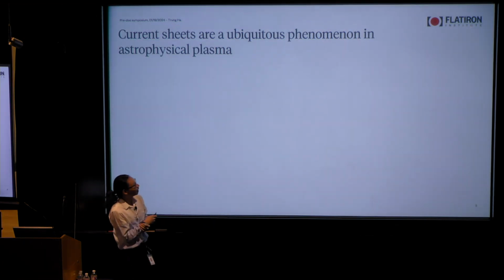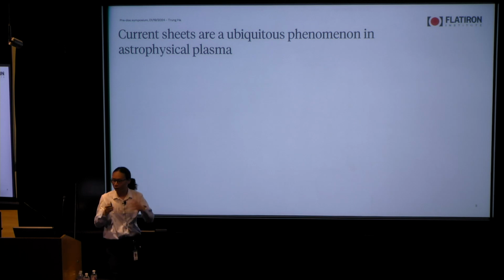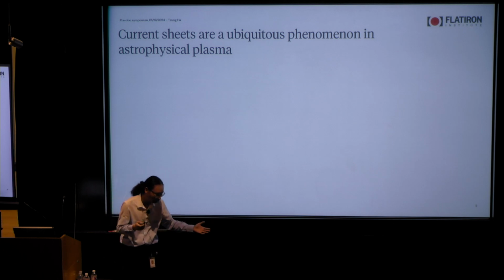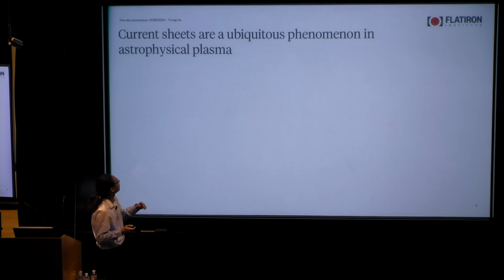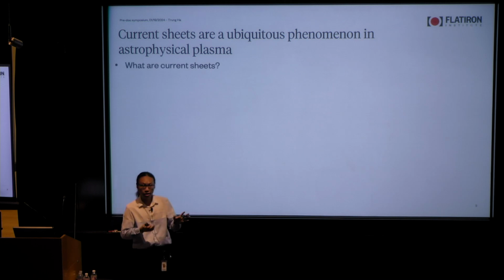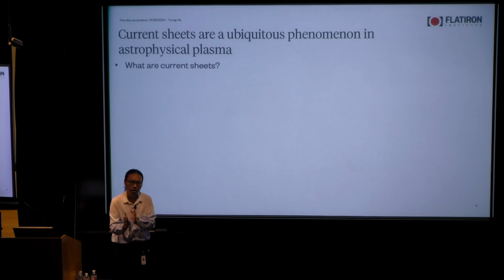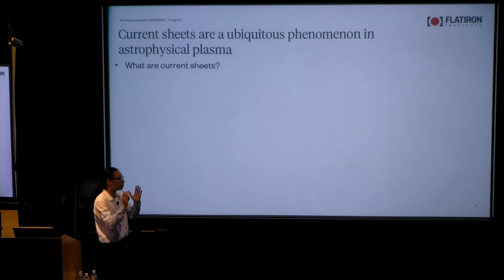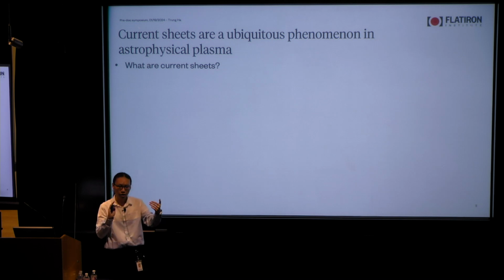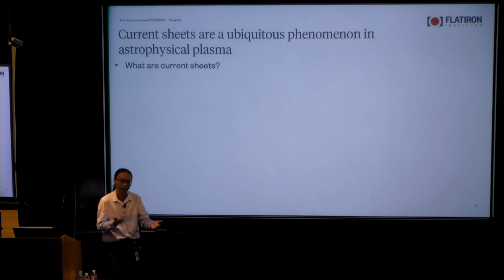Okay, so I want to start with some motivation about why we carry out this project. We would like to identify and segment current sheets in plasma simulations. The reason behind that is that current sheets are thin sheets of regions that have very high current density, and they are usually found at the boundaries where the polarity of the magnetic field changes.